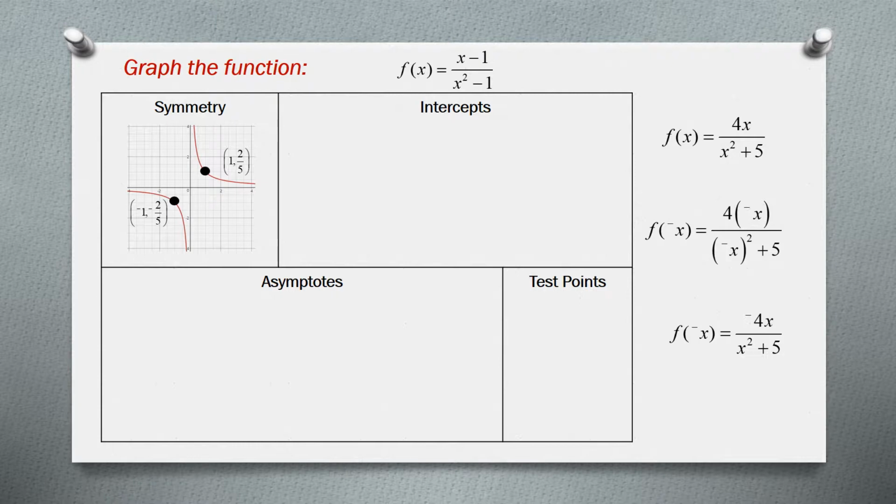So you can always take your equation, substitute a negative x, simplify, and that will present in equation form whether you're going to have symmetry about the origin. Here I do in this side example, from my original function, f of x equals 4x divided by x squared plus 5, if I substitute a negative x and simplify, I end up with the exact opposite function.